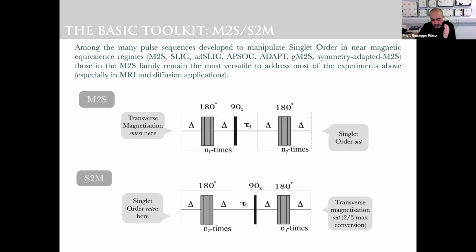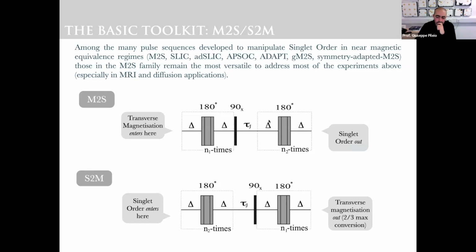Here is one of this category, the M2S sequences, which takes transverse magnetization at the beginning, performs a series of pulses built upon a series of echoes, with the number of echoes and echo delay carefully timed with the parameters of the spin system, and then gives out singlet order. And then there is the time reverse of that, the S2M, which takes singlet order and converts it back into transverse magnetization.